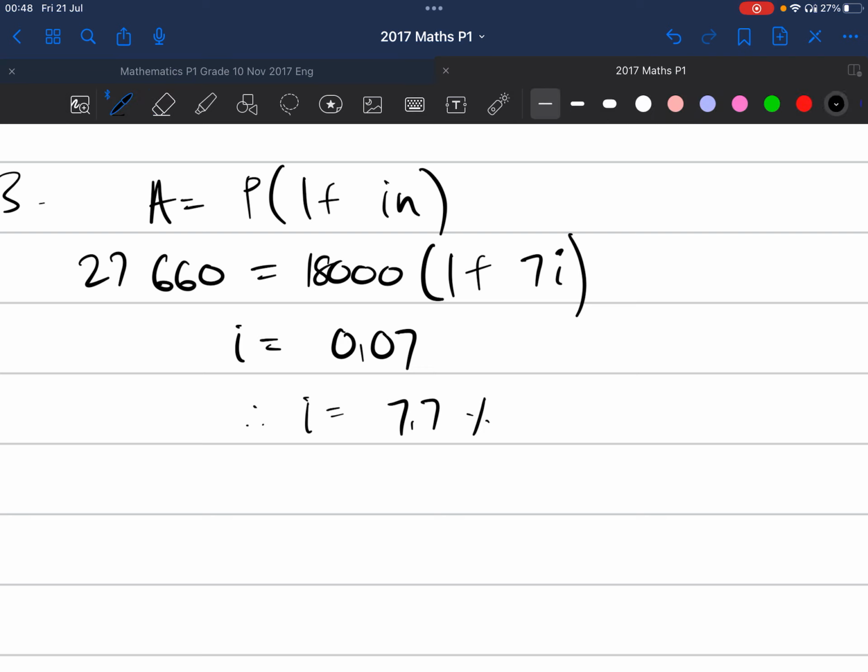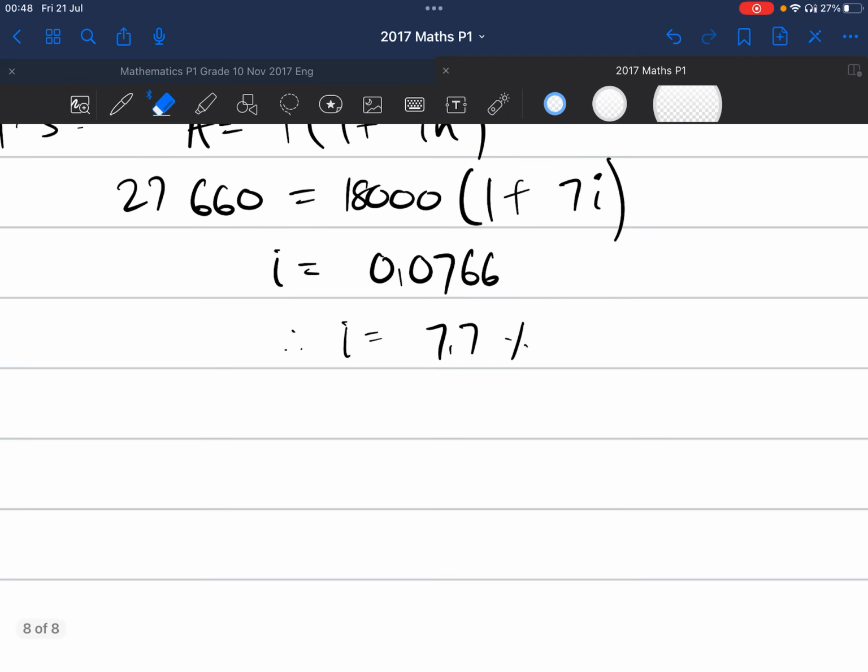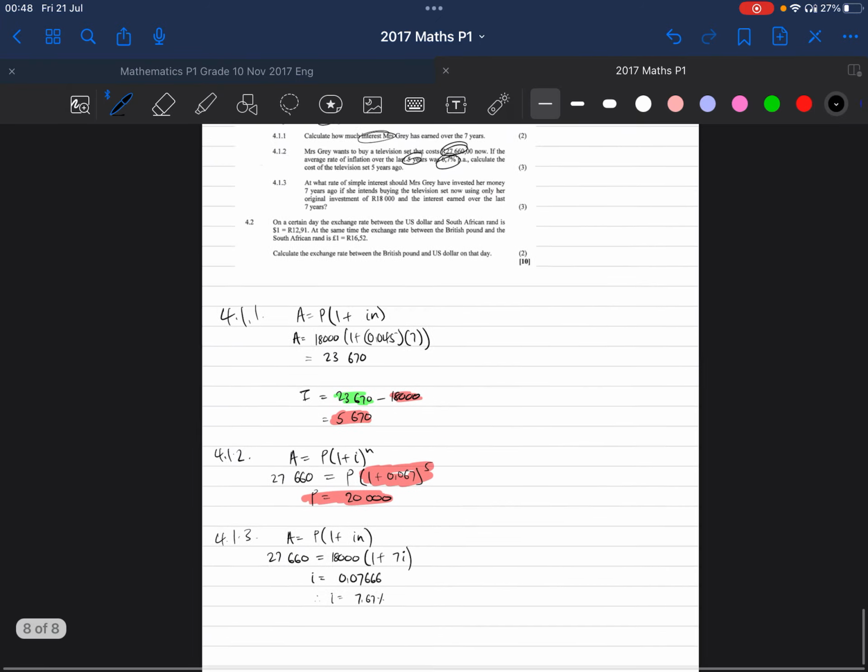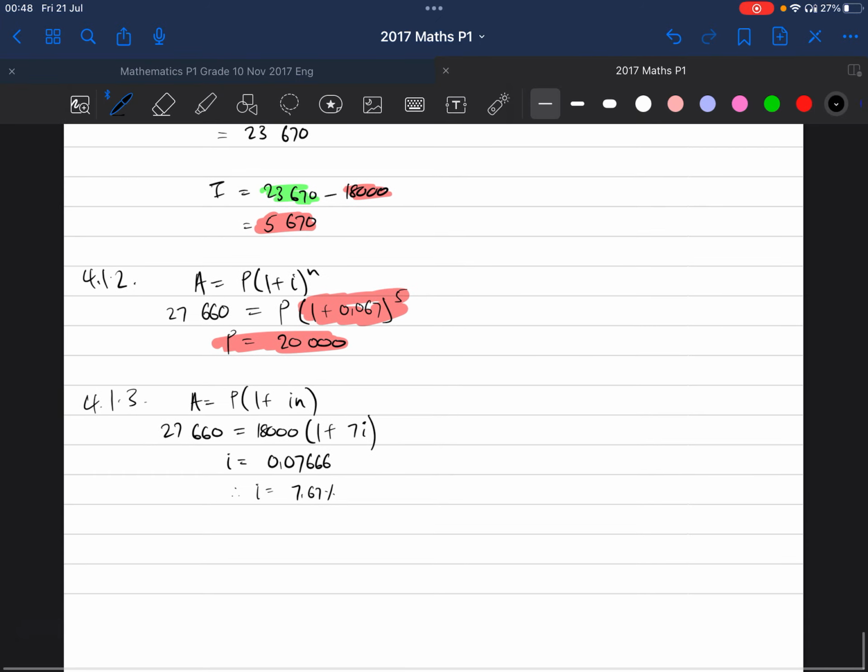The actual answer you get from the calculator is 0.07666, and it just goes on. So let's make that 7.67%, because I'm going to round up that 6 to 7. So that's 4.1.3 done as well.